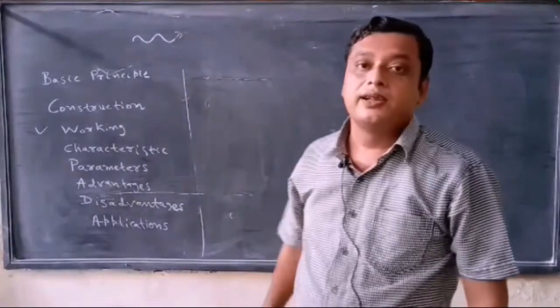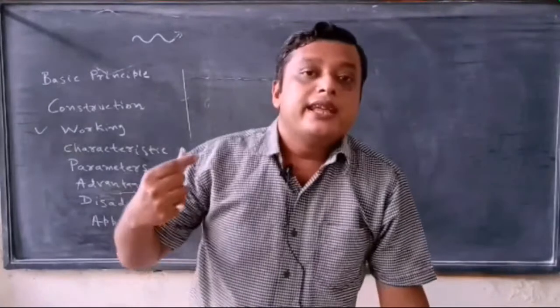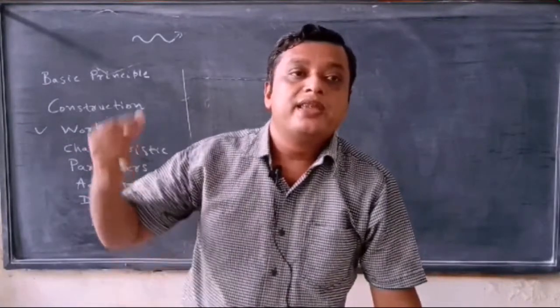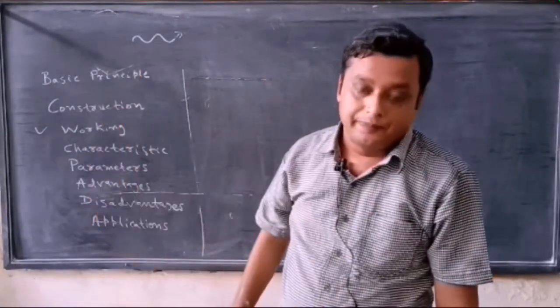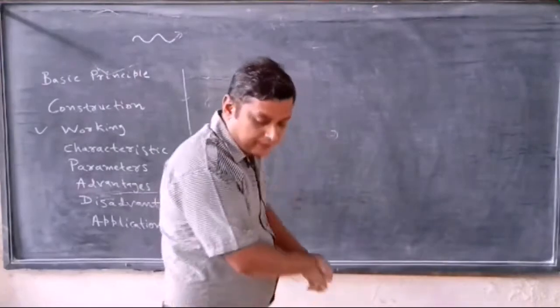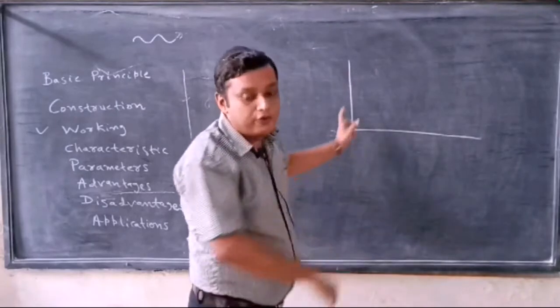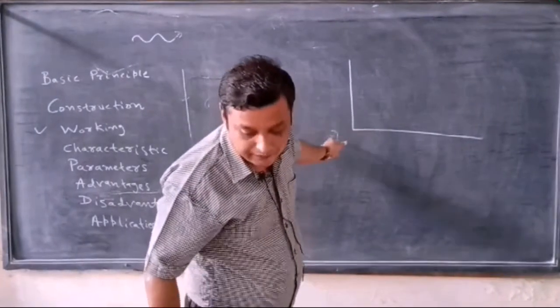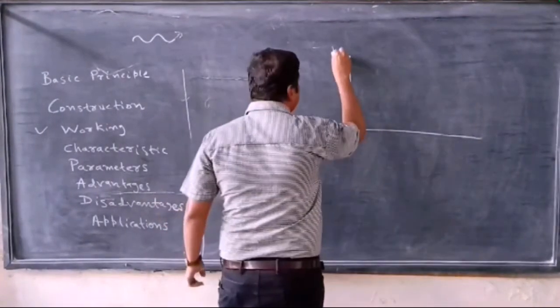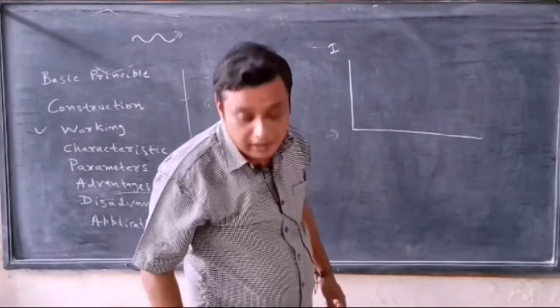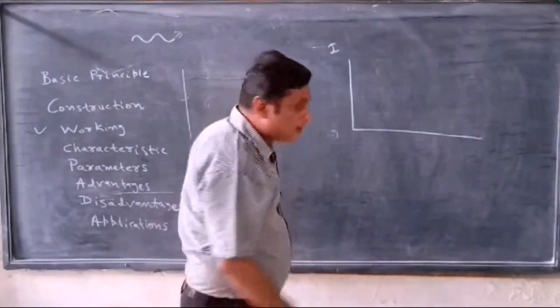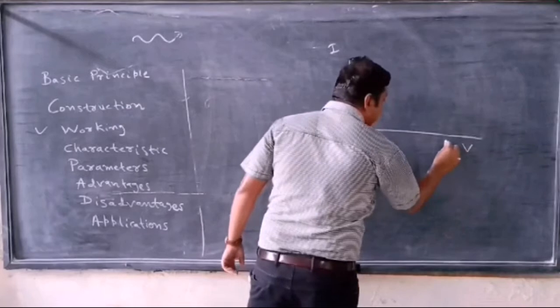Characteristics of the solar cell at different intensities of light. So this will be the output voltage, and this the output current. So current versus voltage.